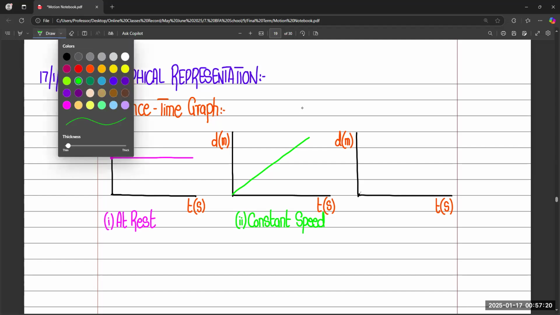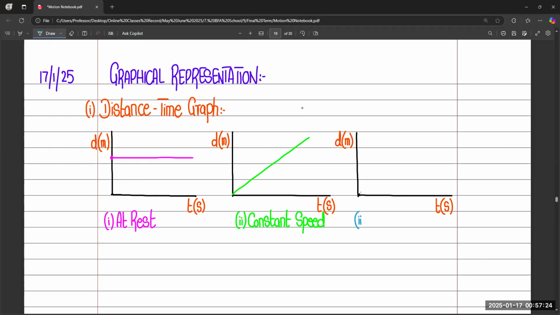And the third representation is for variable speed.